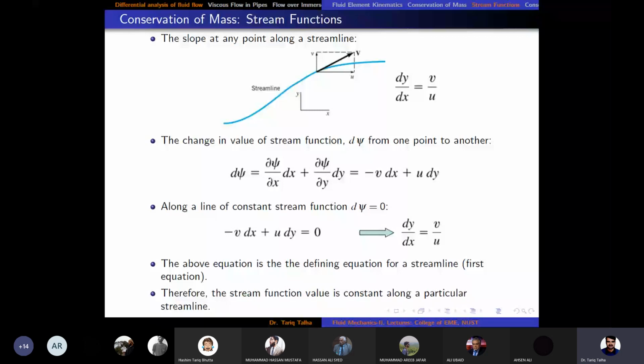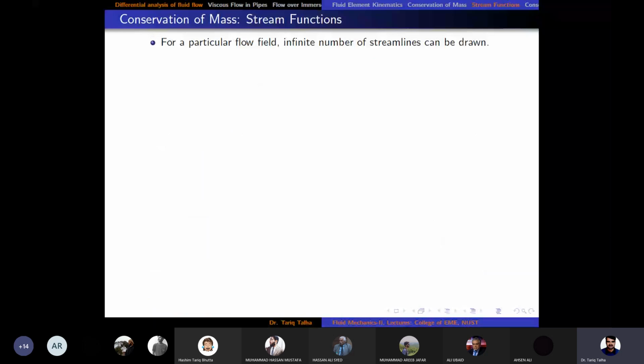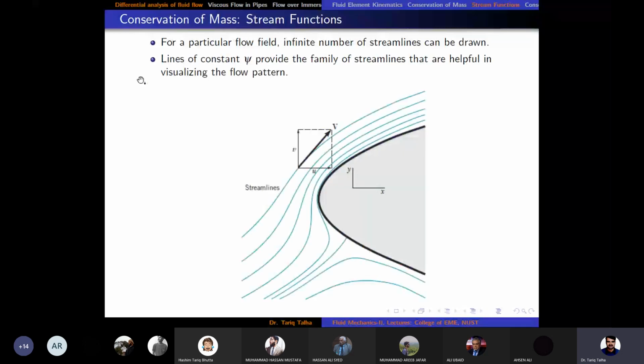And for a particular flow field, we can draw as many streamlines as we want. If you have ever had a chance to use ANSYS software, you know that we can draw as many streamlines as we want along a flow.